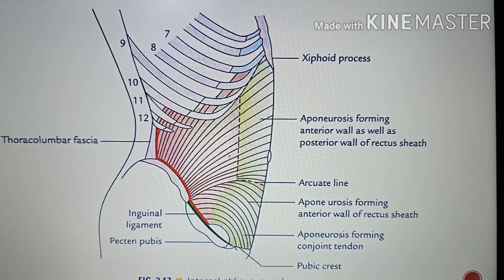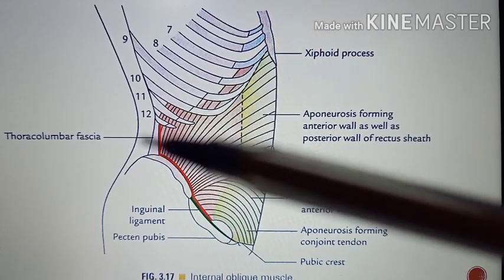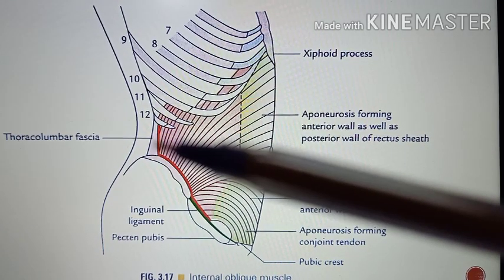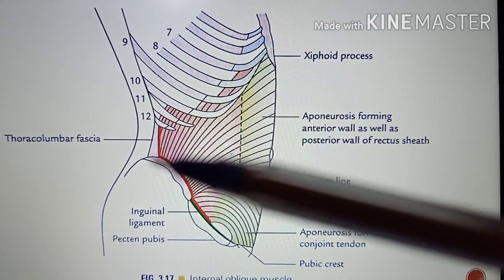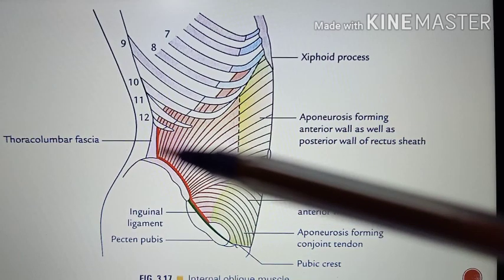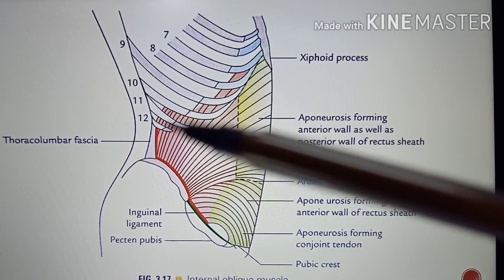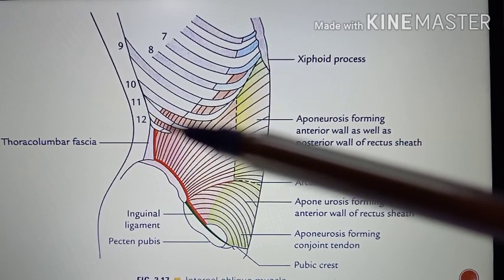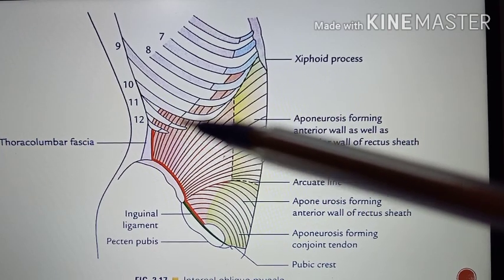Coming to the insertion, the posterior fibers which arise from the thoracolumbar fascia ascend vertically to insert into the lower border of the lower 3 to 4 ribs.